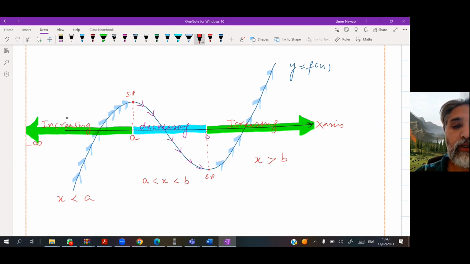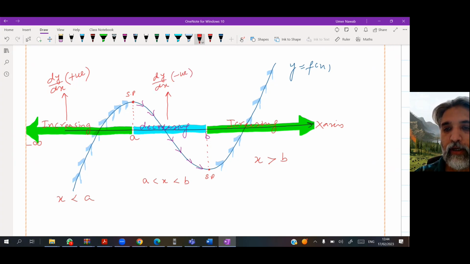So the increasing nature tells you that dy by dx is positive, greater than 0. And the decreasing nature tells you that dy by dx is negative. Same thing here. Right?